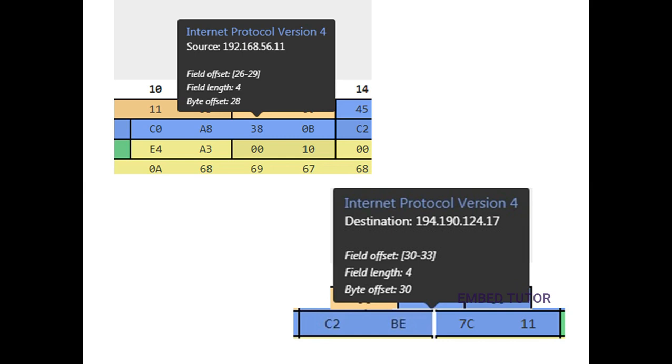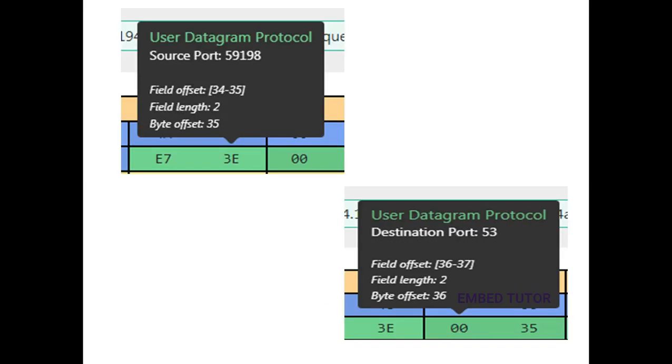In addition to the MAC address and the IP address, we have the important protocol called UDP or TCP. In this case, we have the User Datagram Protocol as the transport layer protocol. The source port number is 59198. You can understand that this is a client source port, which is greater than 49151.